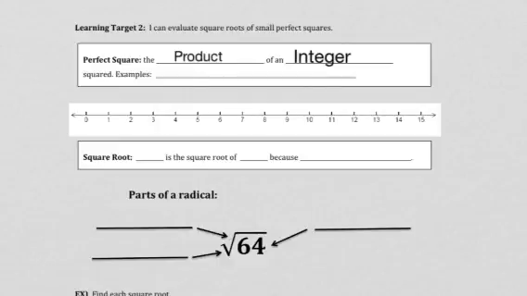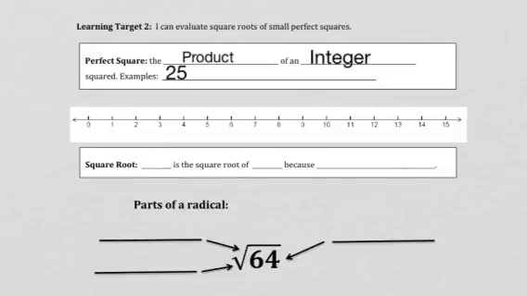So an example of a perfect square is 25. The reason 25 is a perfect square is because it is the product of 5 times 5, or 5 squared. Another example of a perfect square is 81, and the reason for that is that 9 times itself, 9 squared, is 81.